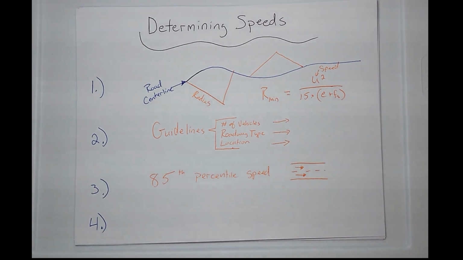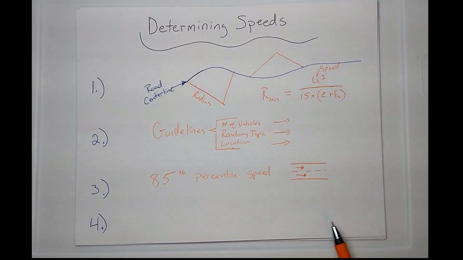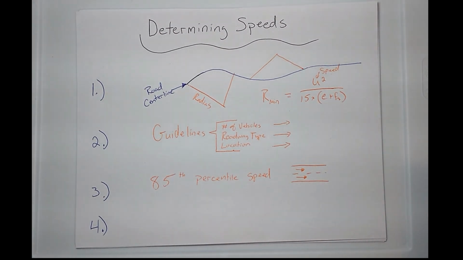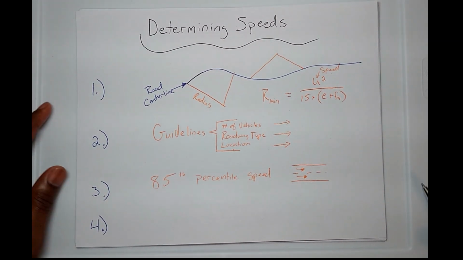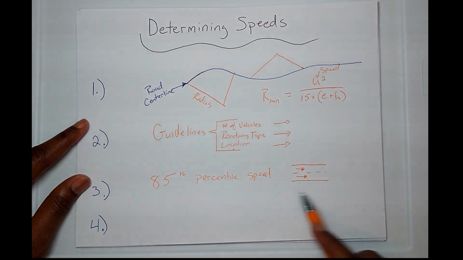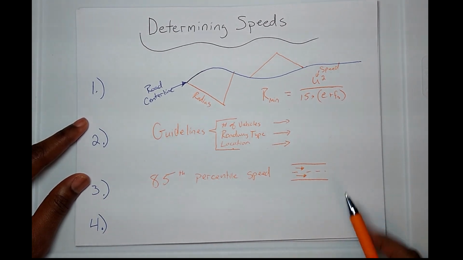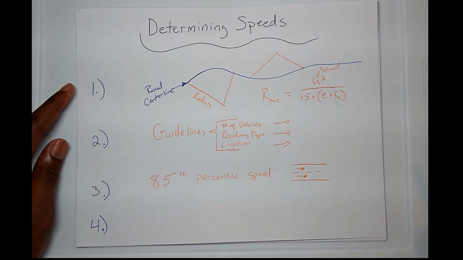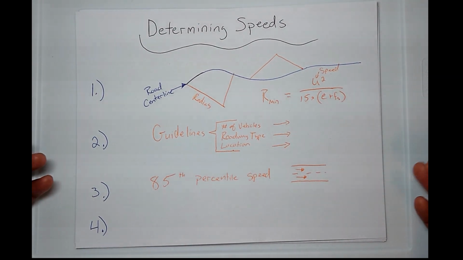But if most vehicles are traveling what it feels like as opposed to what it actually should be, then you have a situation where there's a variance in speed. You have the people who are obeying the law and traveling 35 miles per hour, and then you have those traveling what seems comfortable, 45 miles per hour. So you've got that 10 mile per hour difference.